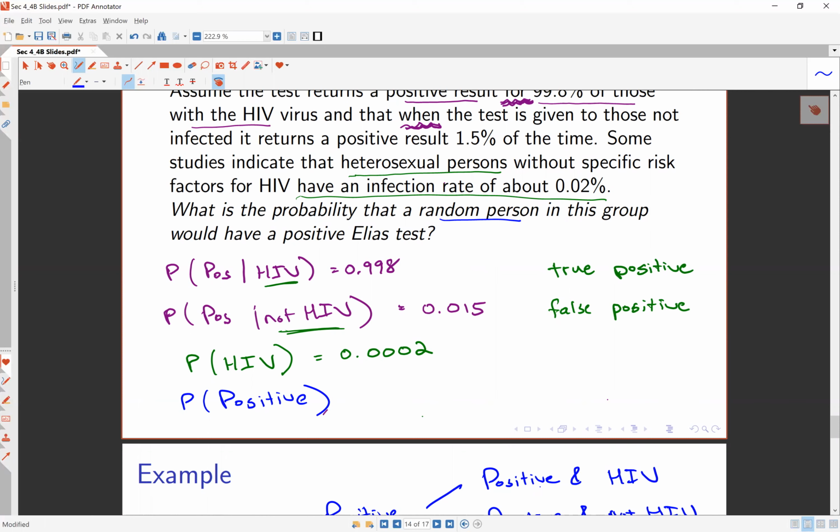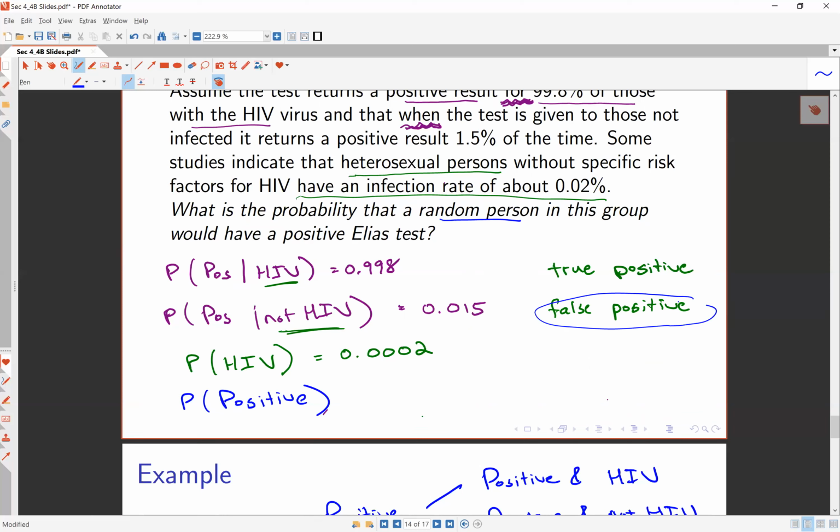The problem is just that if you are looking at the general population, even though this false positive rate is low, there are so many people in the population that are HIV negative that would have false positive results that, if we're just looking at people in general, you are a lot more likely, if you're randomly selecting a person, to select someone who is HIV negative and gets a positive result than to select someone who is HIV positive and gets a positive result.